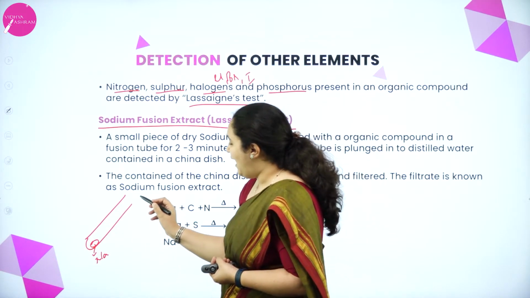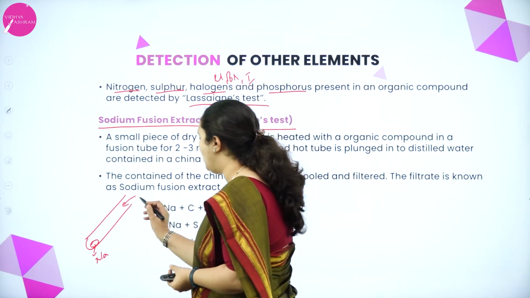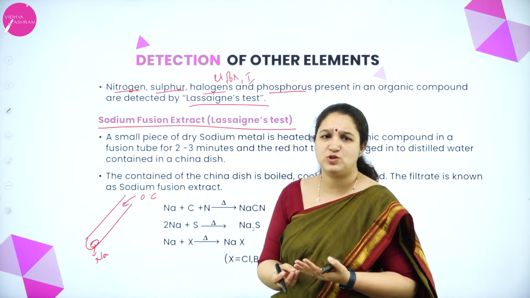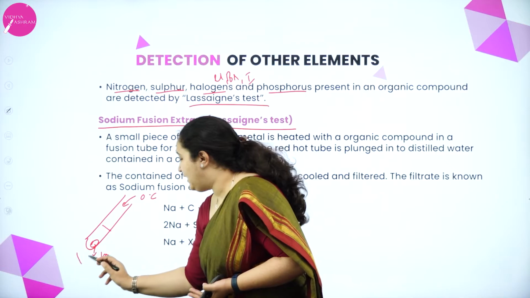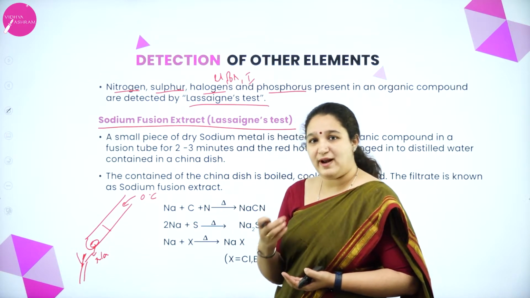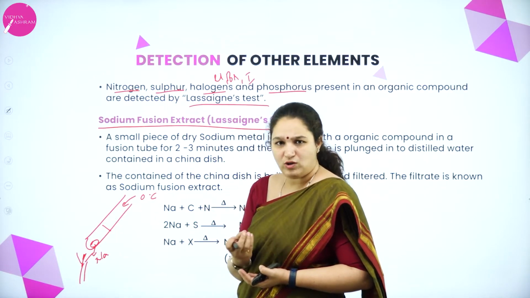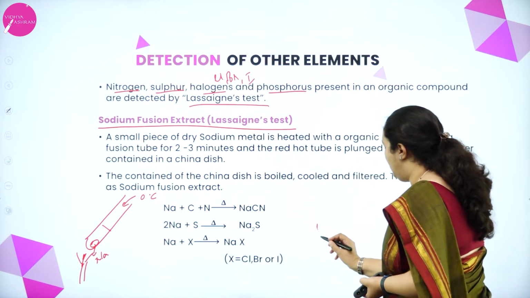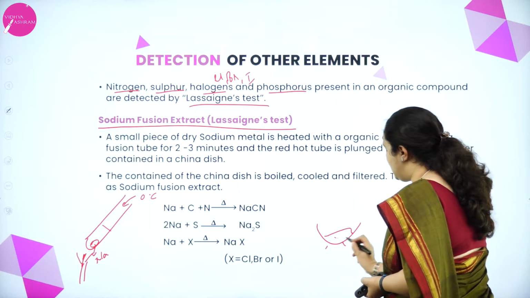To this, you add 3 to 4 drops or small amount of organic compound, whatever organic compound solution you have, and you have to heat it to red hot. That means this tube will become red hot. Meanwhile, you have to keep a china dish ready with distilled water.